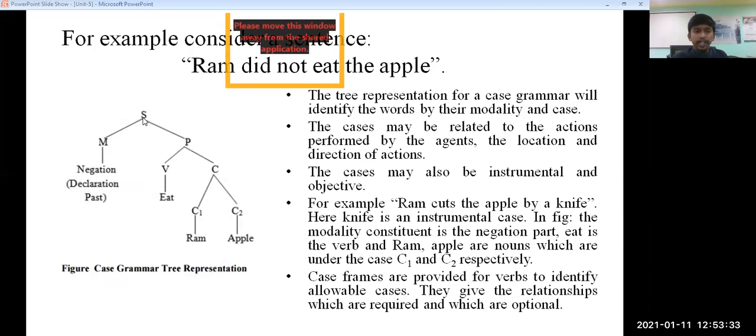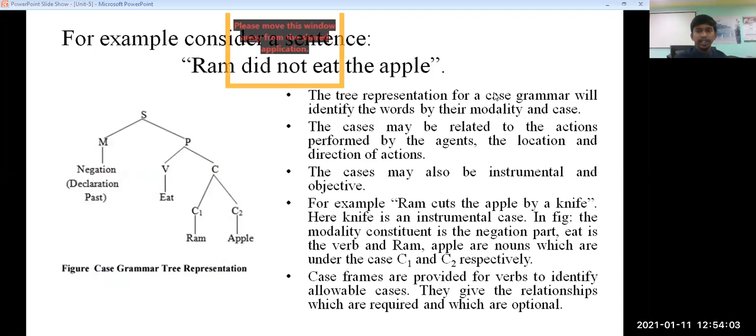As the equation said, S implies M plus P. Here M is the negation part, that is the declaration past, and P has subparts. As I said, preposition is a combination of verb and noun. In the given sentence, Ram did not eat the apple, eat is the verb, and Ram and apple are the nouns. That's why it has subclassifications.